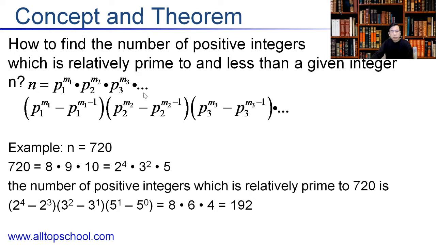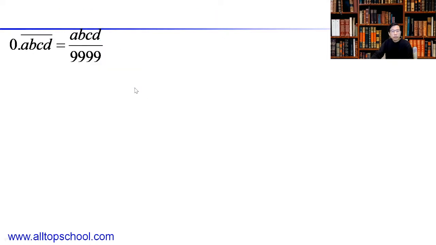Okay, let's start working on the problem. The repeating decimal with a 4-digit repeat, we can write as the 4-digit number over 9,999.